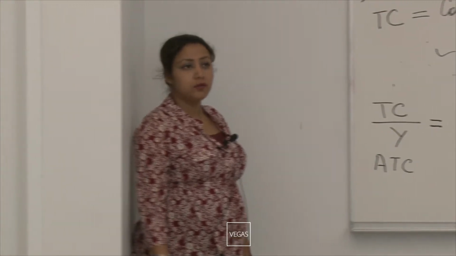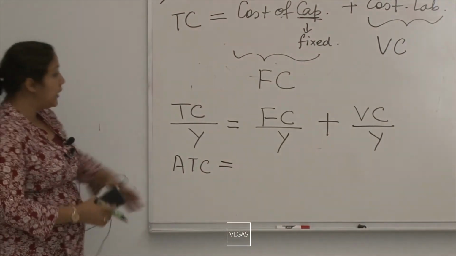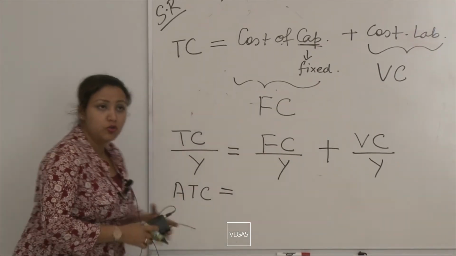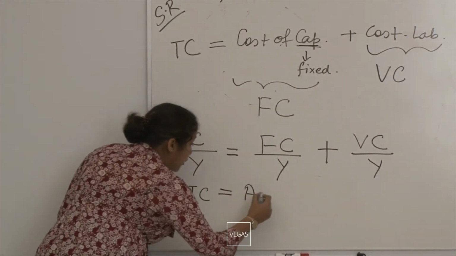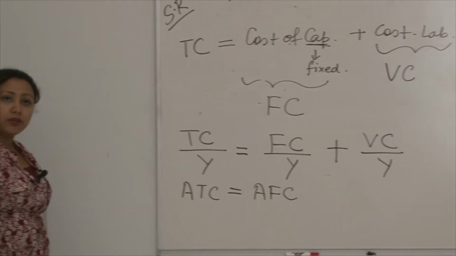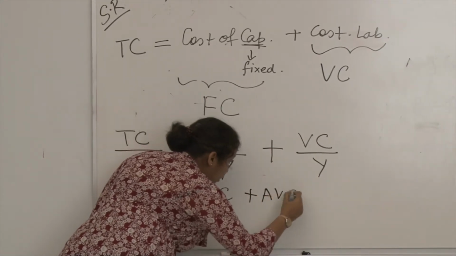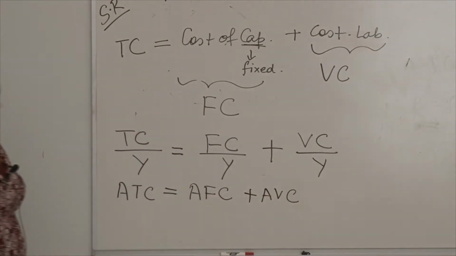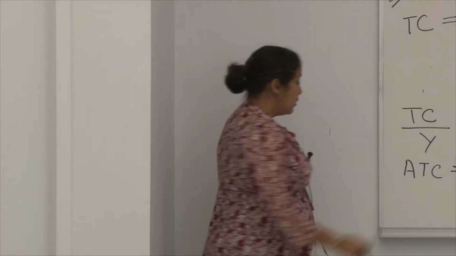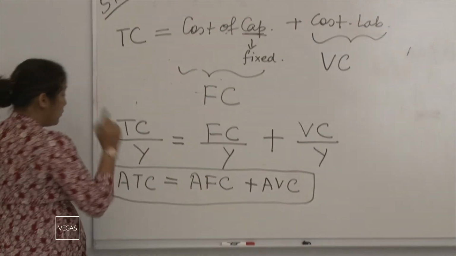And by the same logic, since I am dividing by the number of units produced, this should be the average fixed cost or the average cost of capital, and this must be the average variable cost or the average cost of labor. Agreed? Please remember this. This is an important thing for you to remember.